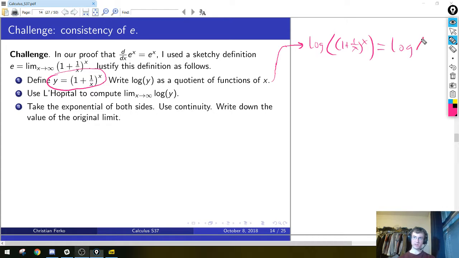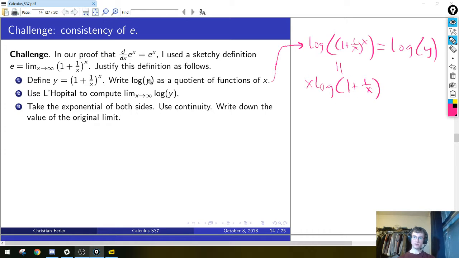Oh, yeah. Good. Okay, how do we simplify the left then to get a quotient? I guess just the power rule, to see that x log of junk equals log y. X log junk, okay. Sounds good.